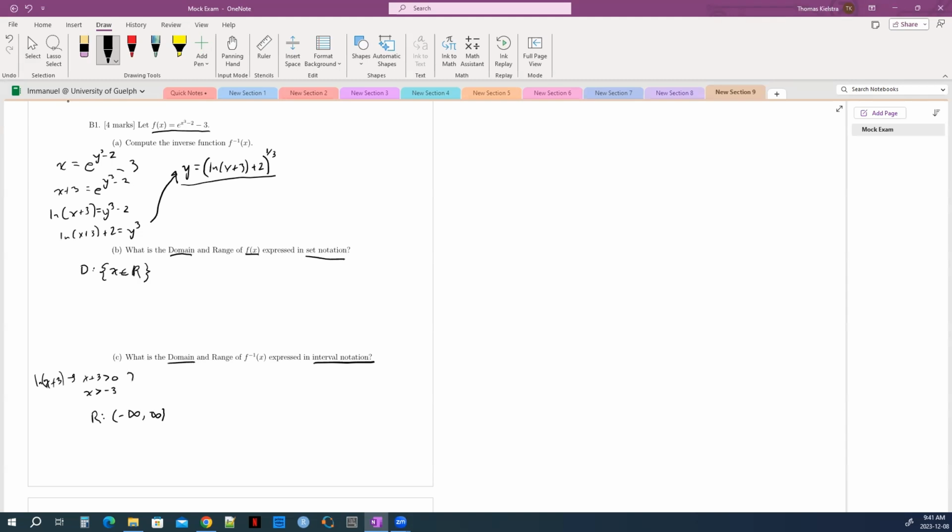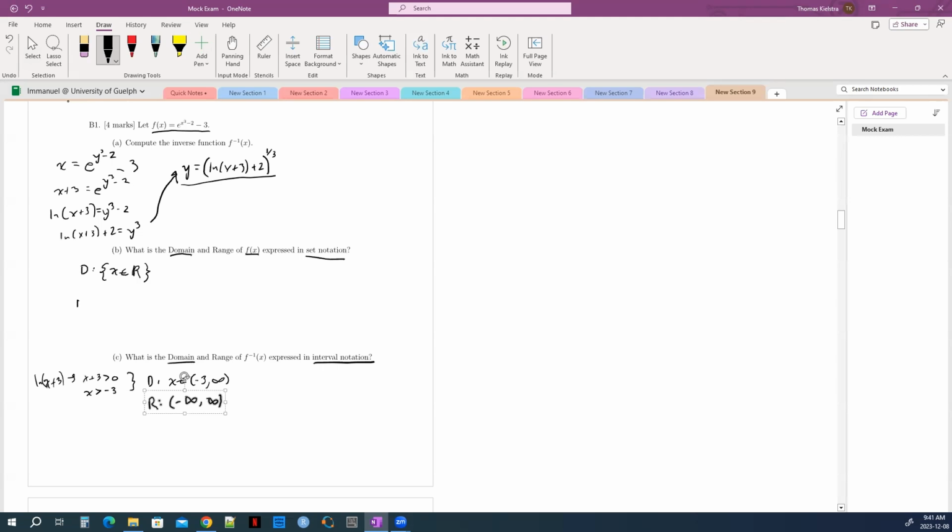So my domain is x in minus 3 to infinity, not including minus 3, and then my range is minus infinity to infinity.